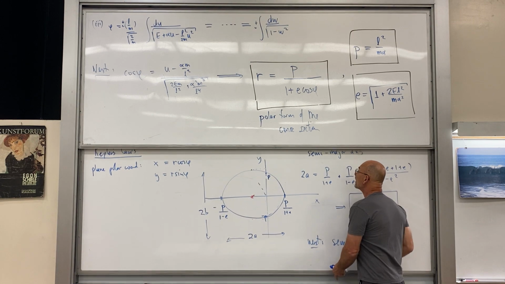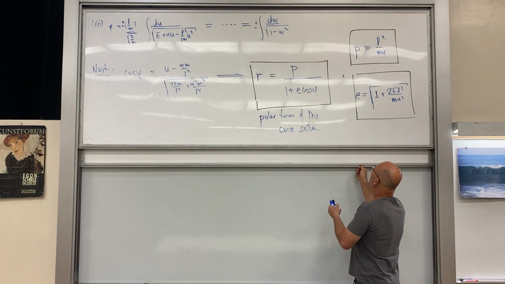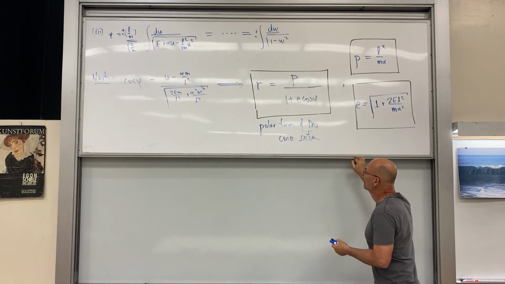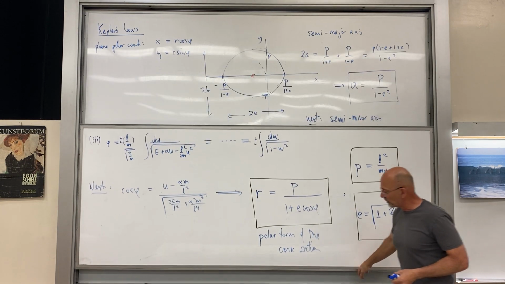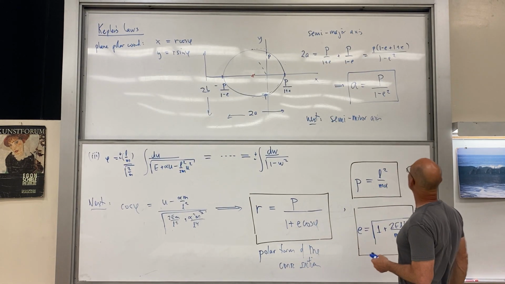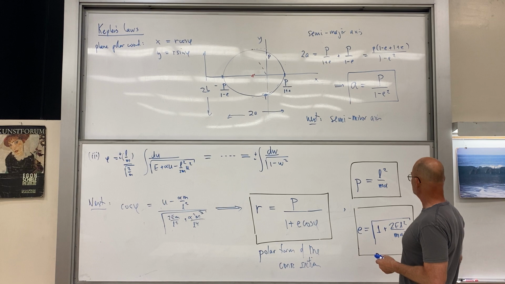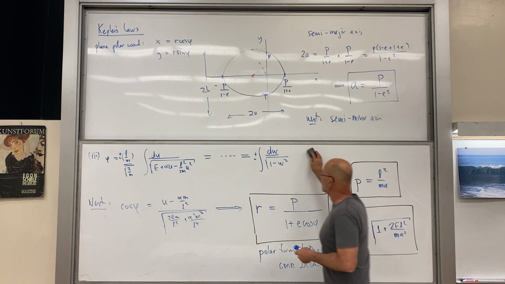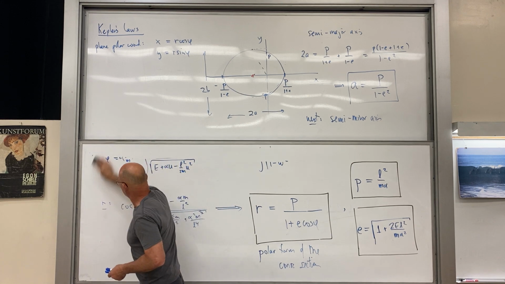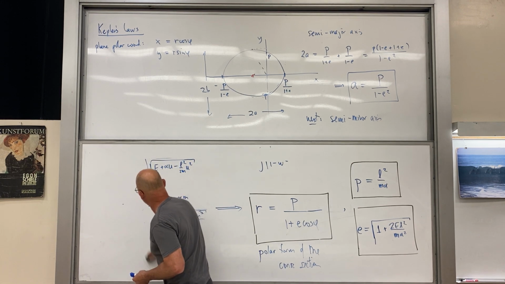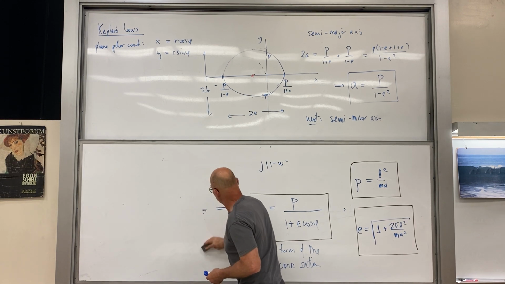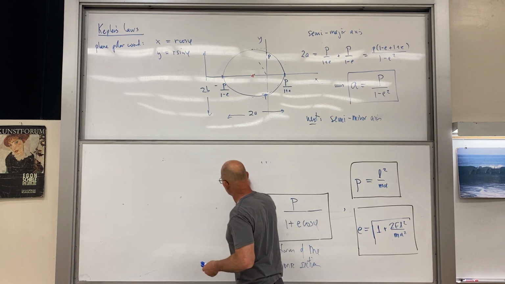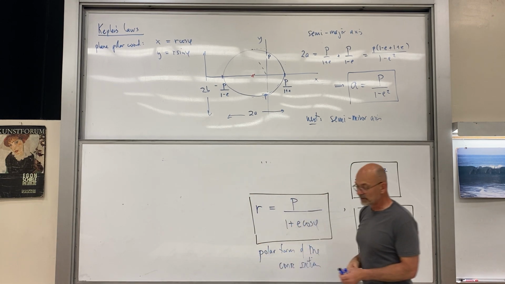So let's make some room on the board. I'll write these smaller. We need a little room here. Okay, so for the semi-minor axis, we'll work the left side of the board here.